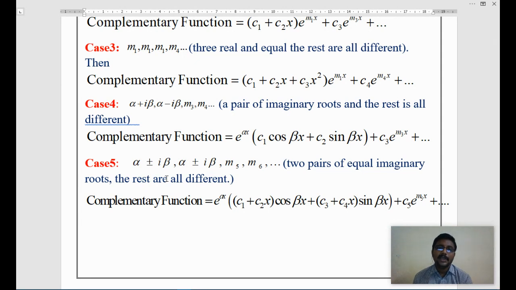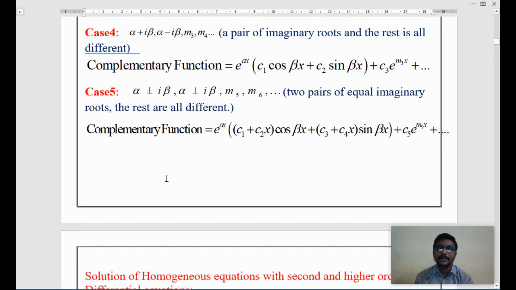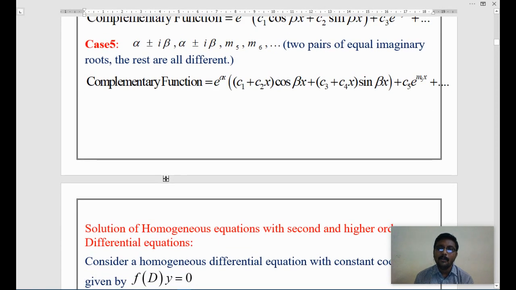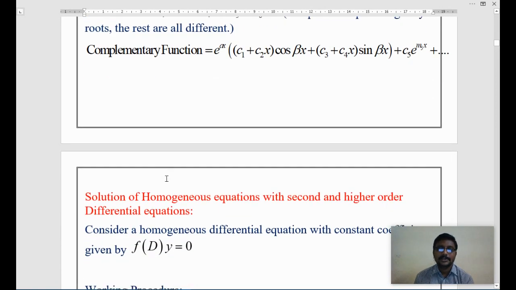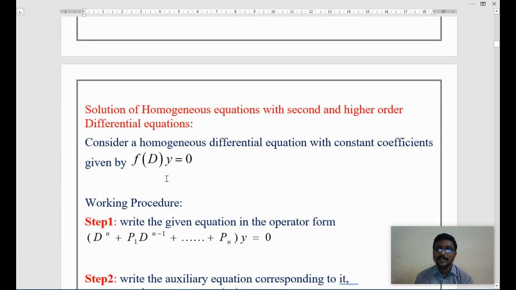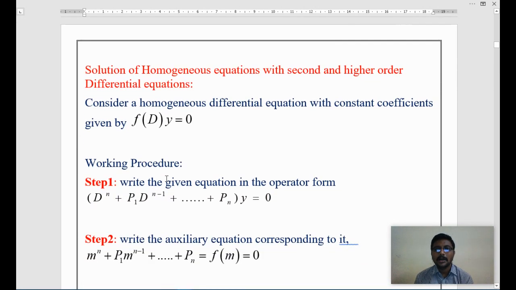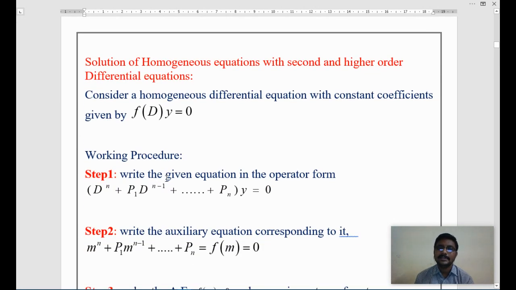So like that, we define the complementary function depending upon the nature of the roots of the auxiliary equation, that is f(m) = 0. These five cases we have to remember to write the complementary function. Once again, we follow these steps to find the complete solution of a homogeneous equation.